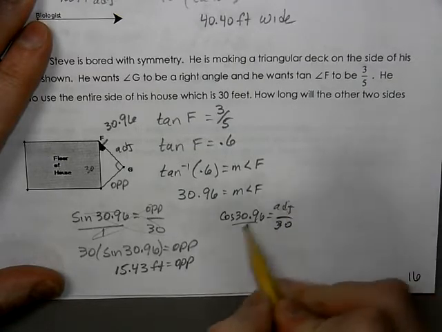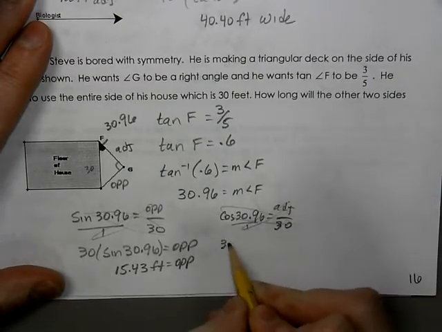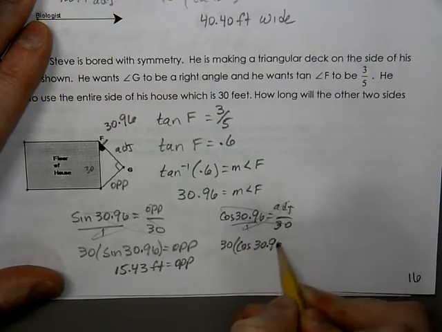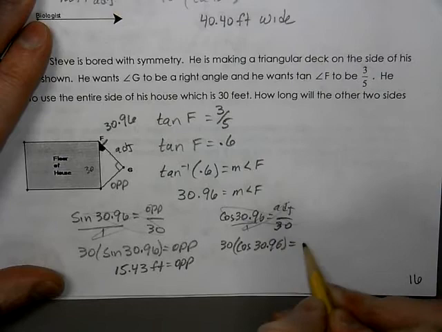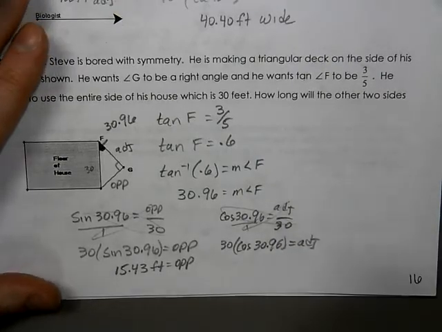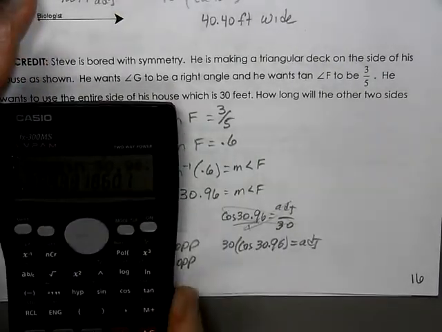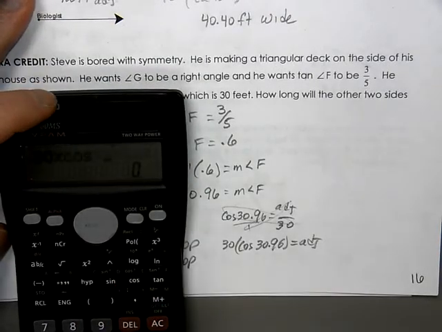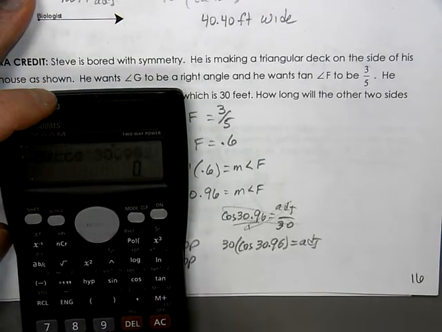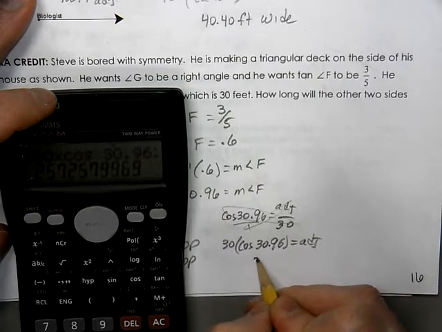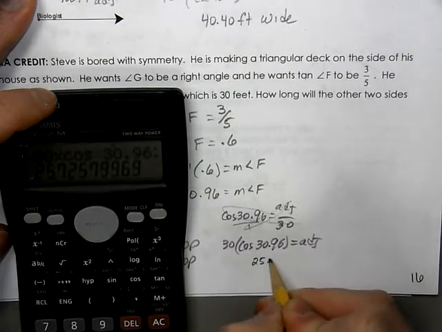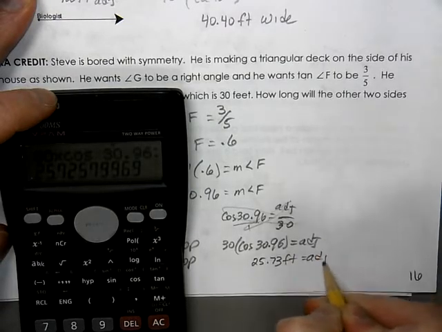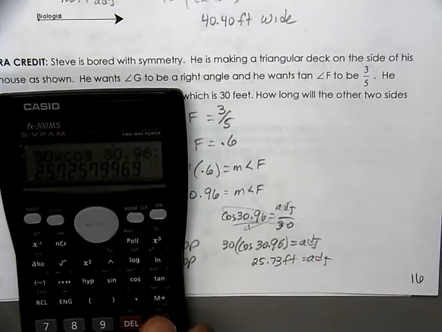So, over 1, cross multiply, so 30 times the cosine of 30.96 equals the adjacent side. So we'll take 30 times the cosine of 30.96 and we get 25.73, and that's feet for the adjacent side.